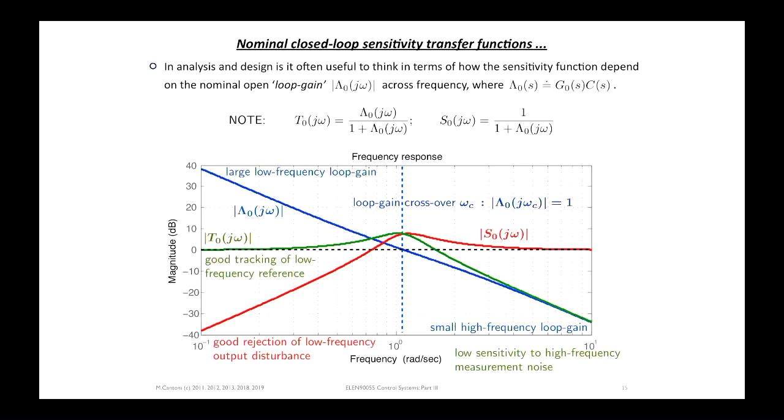Given this, if I know how this has to be shaped, to recover C, I just have to divide this by this. Or given this, I can play with this, and because the relationship is so simple, I know how to play with this to get what I want here.